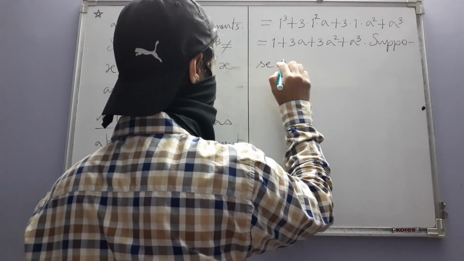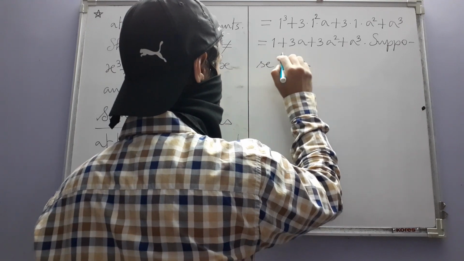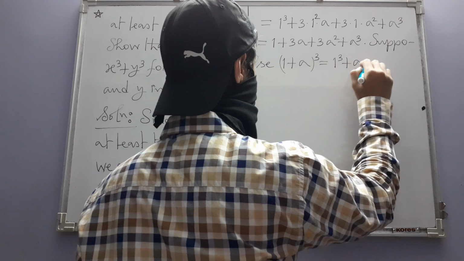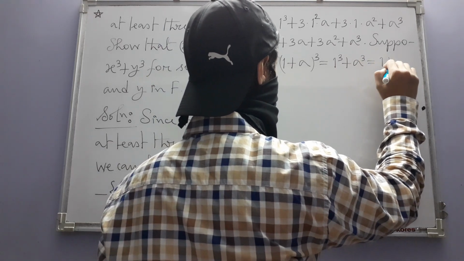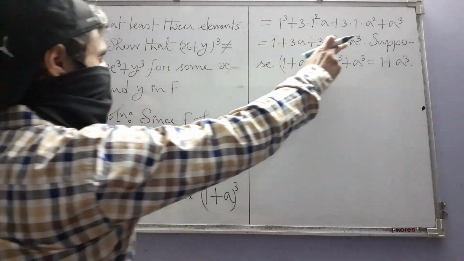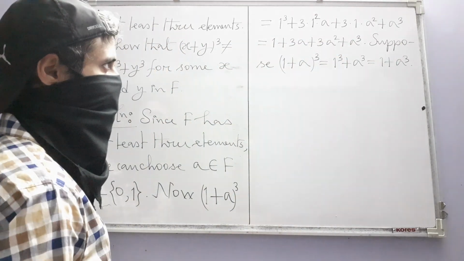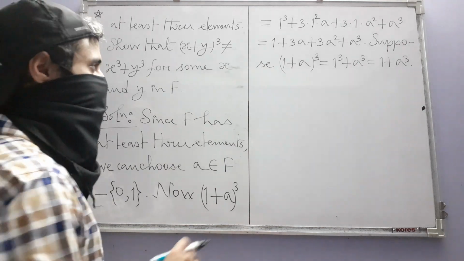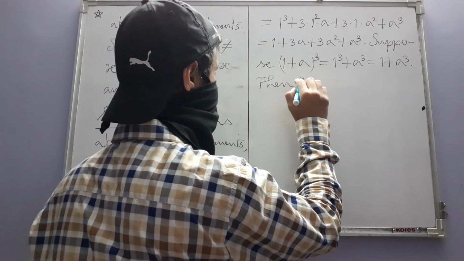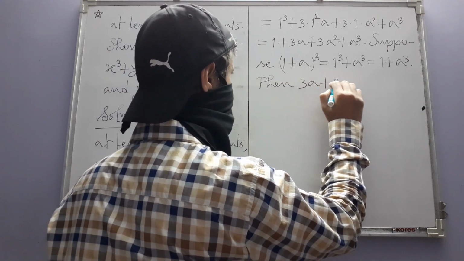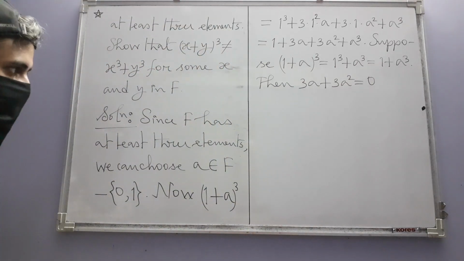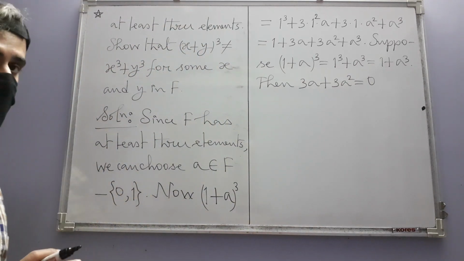Suppose that is, it is equal to 1 plus a cube, then this expression would be equal to 1 plus a cube, and then after cancelling like terms we will have this. But keep in mind that f has characteristic 2.